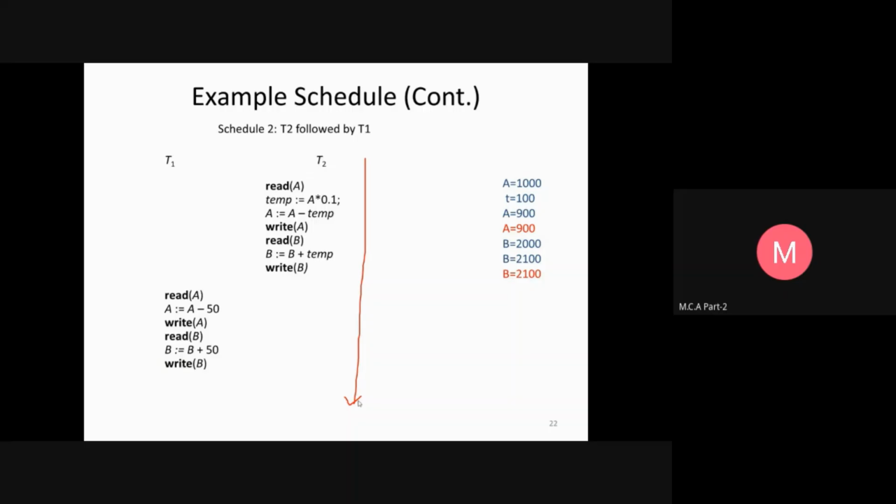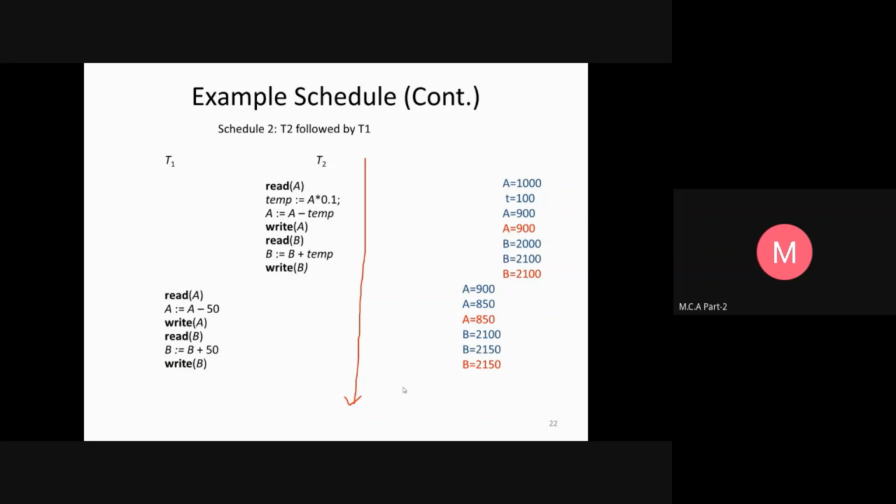So this is after the serial execution of T2. T1 takes over. It reads A as 900, modifies it, and writes A as 850. It reads B as 2100, writes B as 2150, and then writes B out.